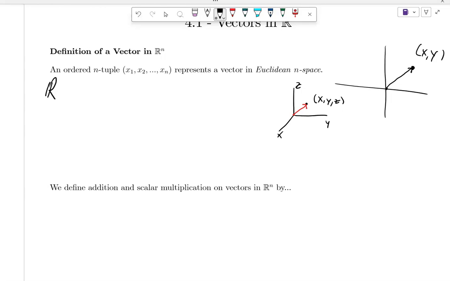Your vectors then would start at 0, and then you would just have an arrow that goes out to wherever the endpoint is. So again, you can think about the real numbers also as being vectors themselves. The confusing part about that is that we're also going to use our real numbers as scalars here in a minute. Usually, though, we don't necessarily think of the real numbers as our vectors.